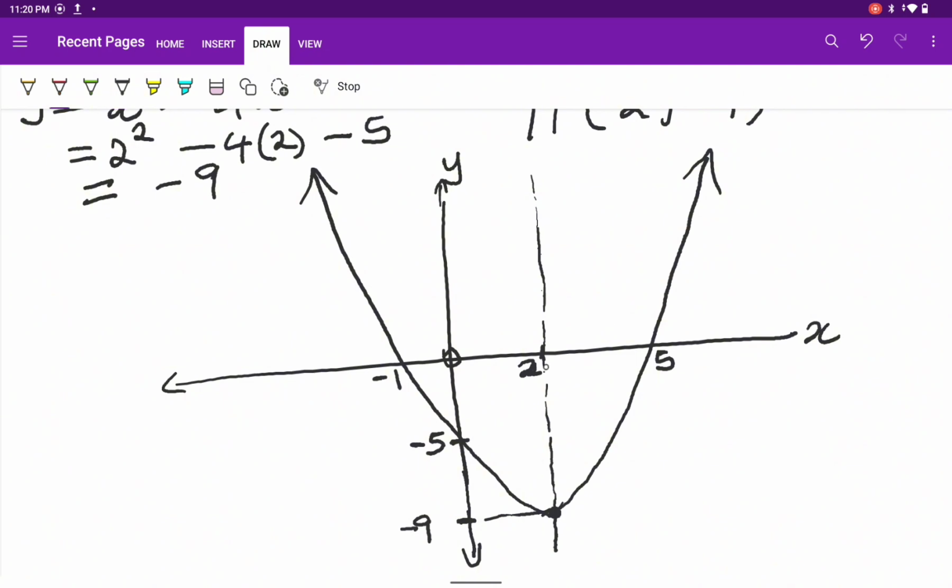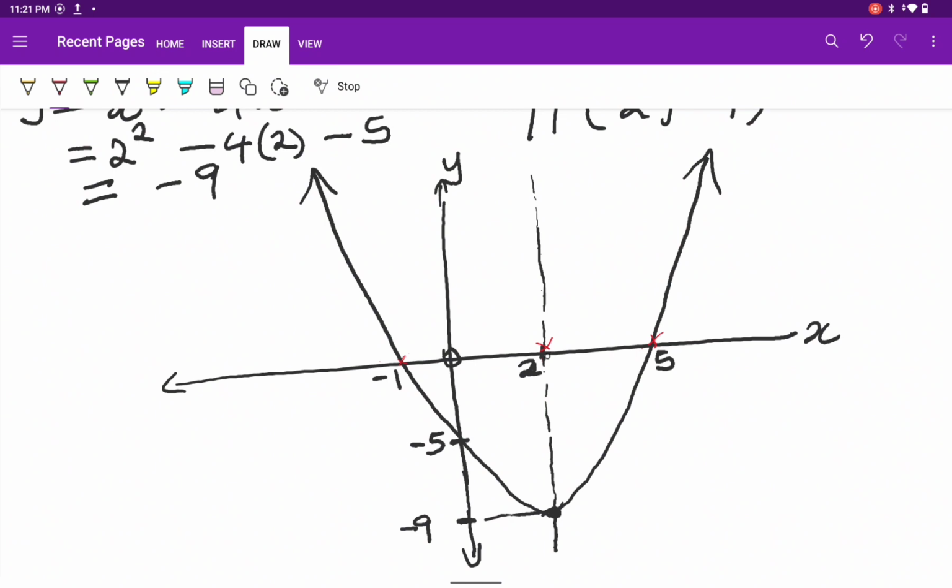So if we know that the graph is turning at 2, and we know that one of the points, like this one, maybe it's 5, because this is the axis of symmetry, this can even help us to get the other point even if we did not have it. We can simply say this is the midpoint between the 2 points, because the line x equals 2 is the axis of symmetry.